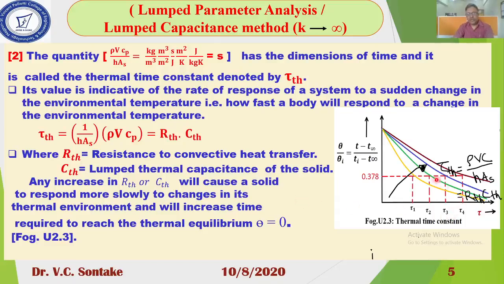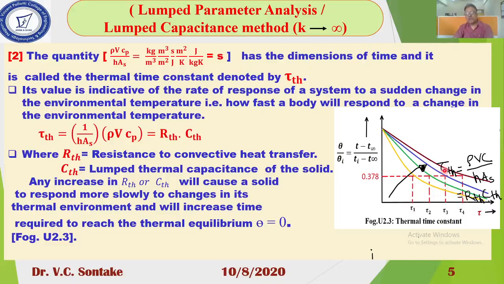So from figure 2.3 it is very clear. If the value of rho V Cp by hAs is less, as for this yellow line, the body will take a small time to reach the temperature of the surrounding, if it is the case of cooling.